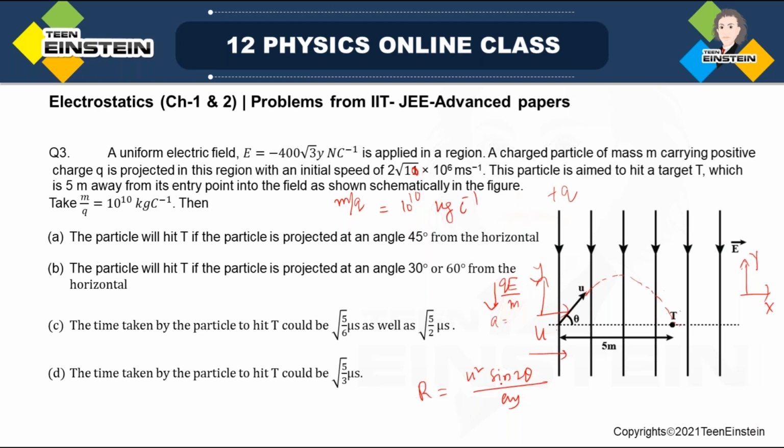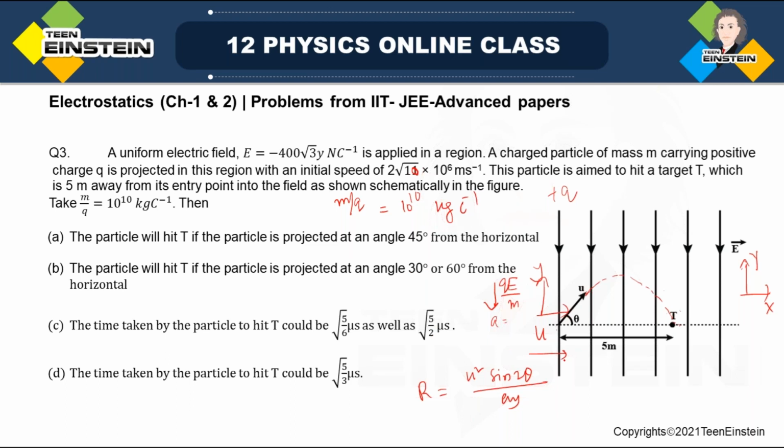Okay, so I can write here range 5. If I get the acceleration a y, and since initial velocity is already given, I can find out what is theta. Now the particle will hit t if the particle is projected at this angle, so I can find out the angle from there itself. Okay, so the angle problem is gone.